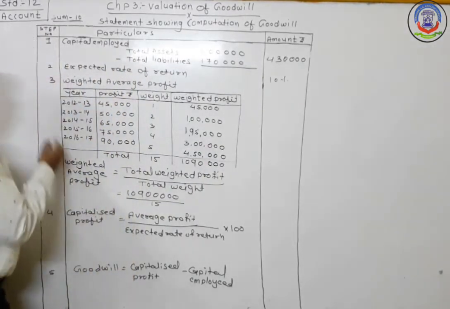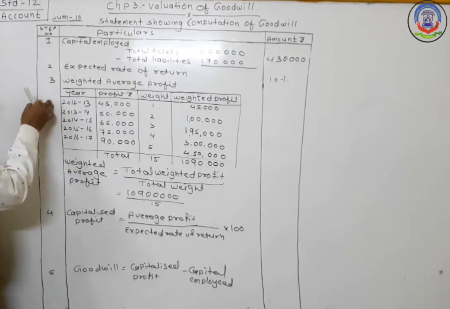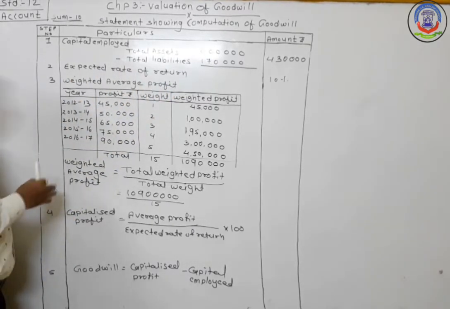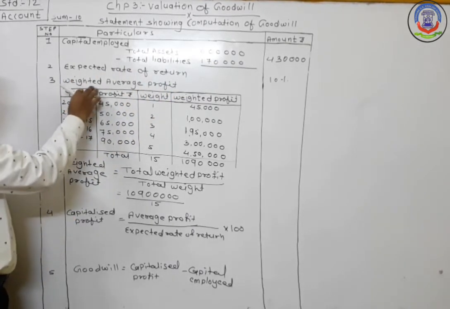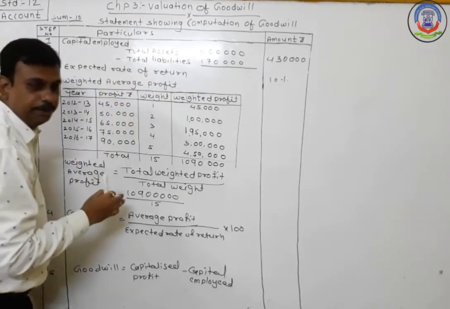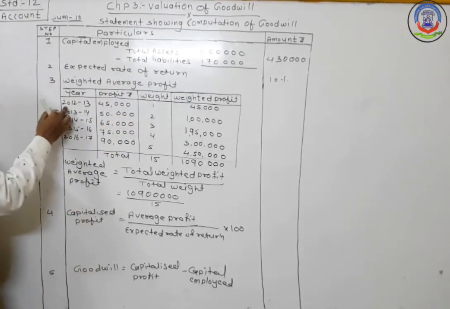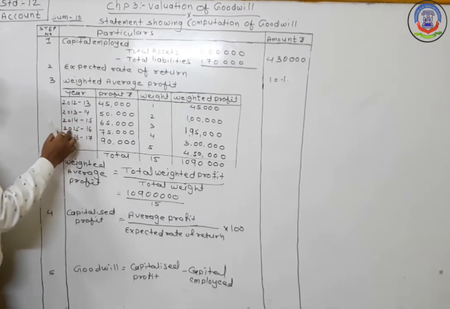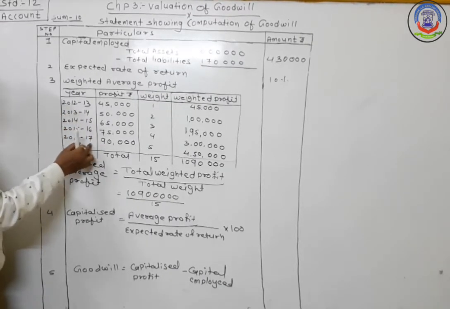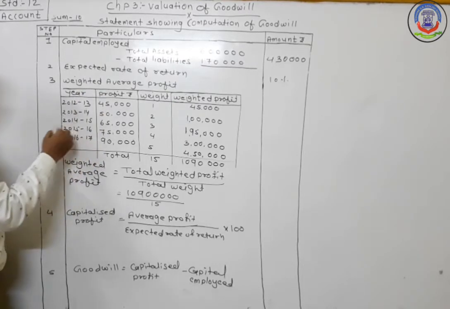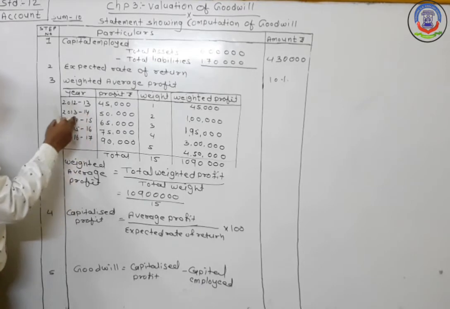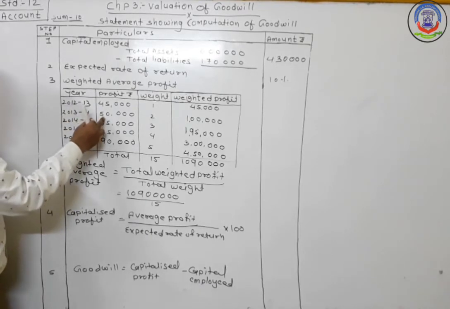Now third step, weighted average profit method. It is mentioned in the sum that capitalized average profit is on the basis of the weighted average profit method. Years: 2012-13, 2013-14, 2014-15, 2015-16, 2016-17. Profit for the first year is rupees 45,000. For the second year, profit is rupees 50,000.